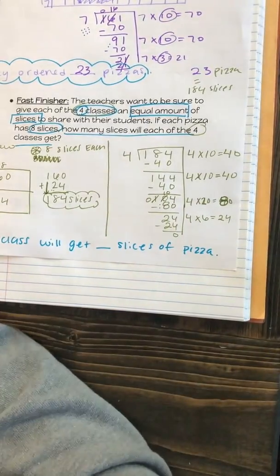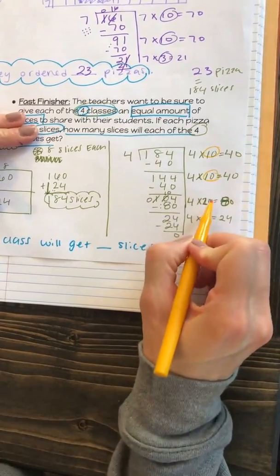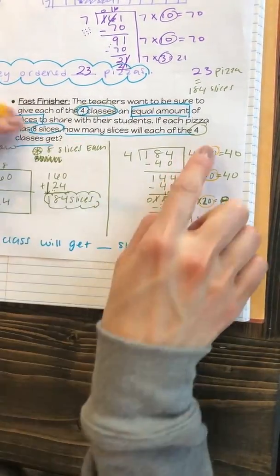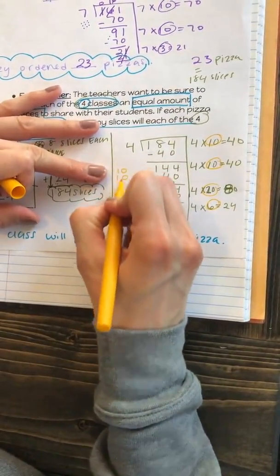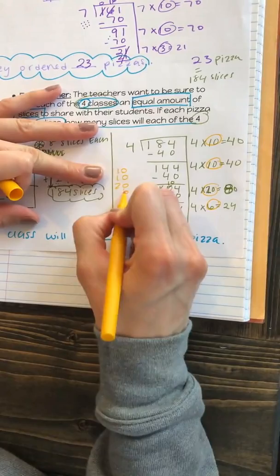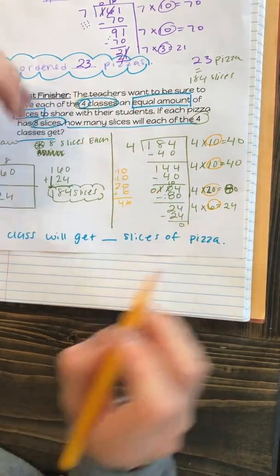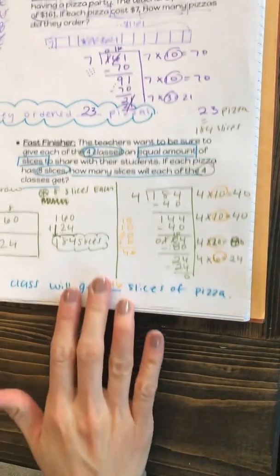Okay, so now my answer is all of these. 10, 20, 40, 6. It's all of those added together. And I can do it over here for you guys as well. 10, 10, 20, so 6, 2, 3, 4. So that means each class will get 46 slices of pizza, okay?